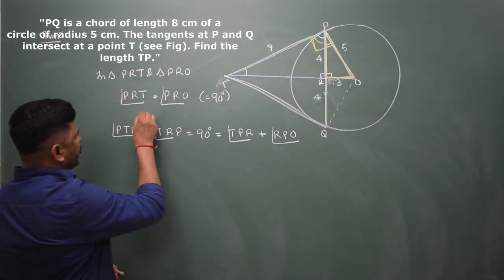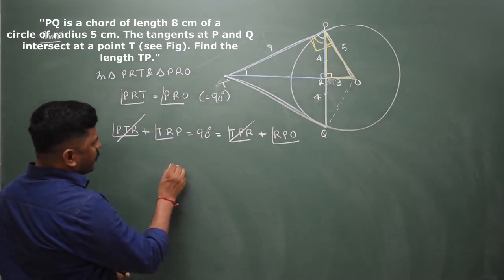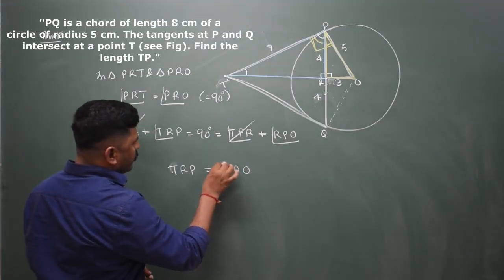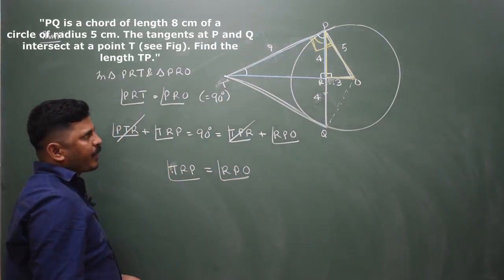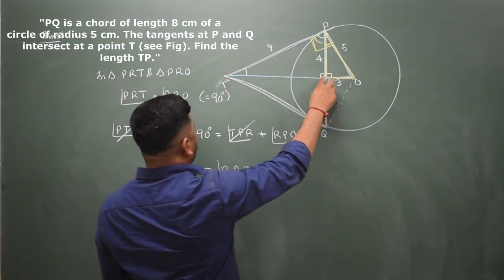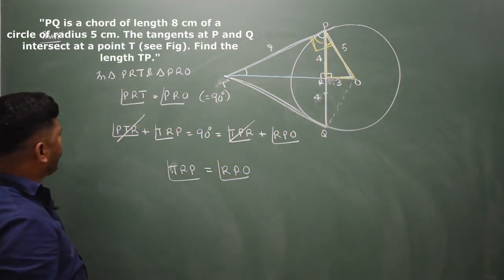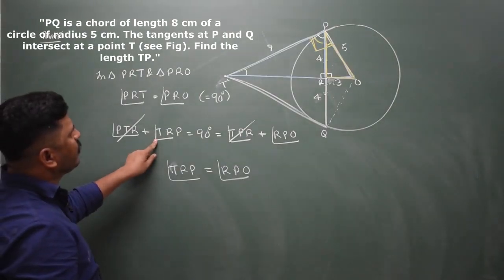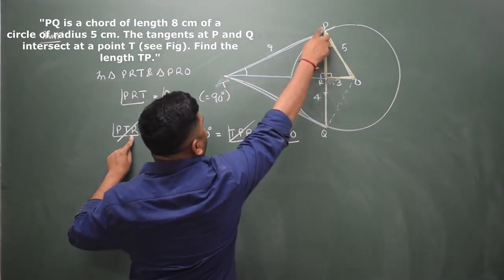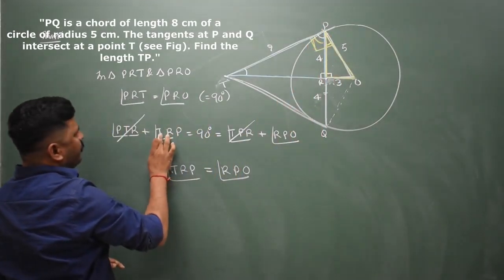Now my question is, TPR cancel? So what am I left with? Is it TRP equal to RPO? Which angles are these now? No, that was wrong. It is PTR plus TPR.